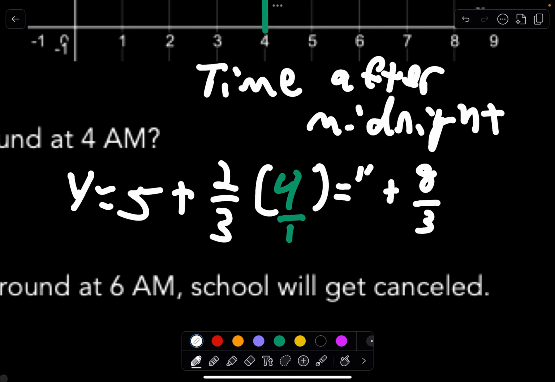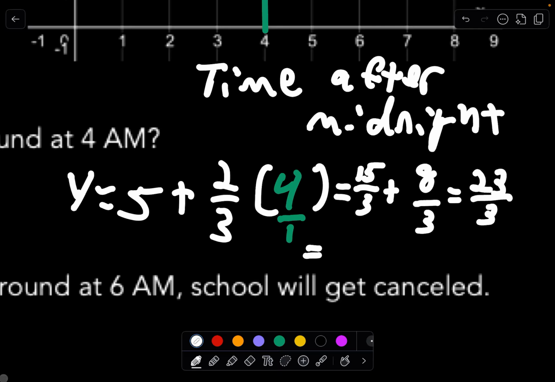So would you agree that 15 over 3 is the same thing as 5? Notice now the bottoms are the same, and you end up with 23/3. So there's 23/3 inches. Now, that doesn't really give you a good grasp normally of the height. So let's write it as a mixed number. 3 goes into 23 7 times, because 3 times 7 is 21 with a remainder of 2.